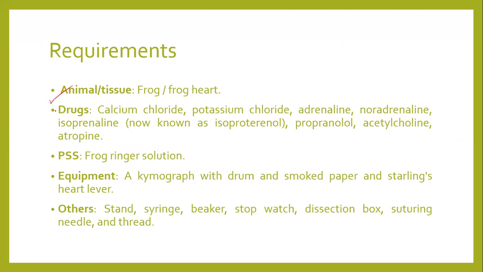First is the animal or tissue which we have to select: frog as an animal, and the frog heart we have to isolate and mount. The drugs which we are going to test: first calcium chloride, then potassium chloride, then adrenaline, noradrenaline, isoprenaline, which is now known as isoproterenol, then propranolol, acetylcholine, and atropine.